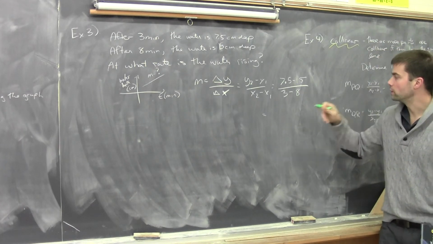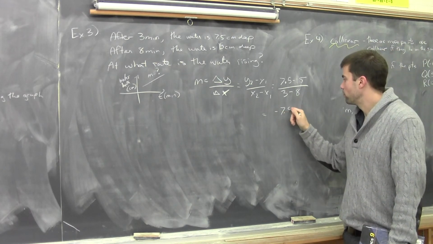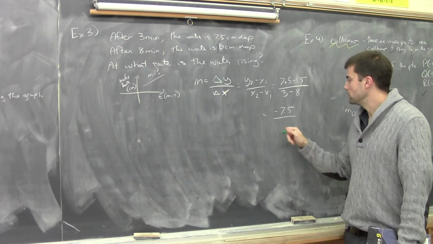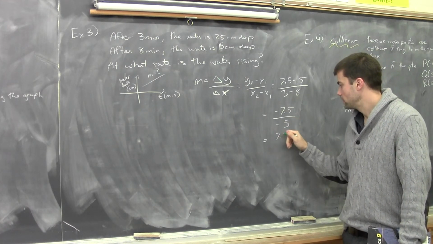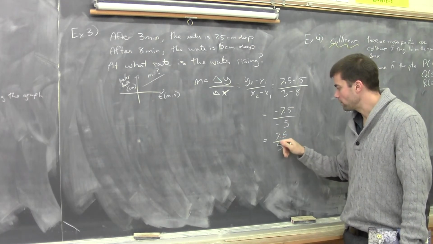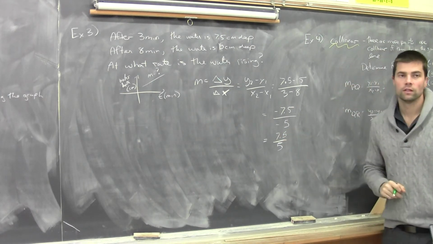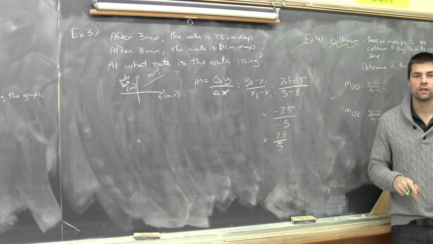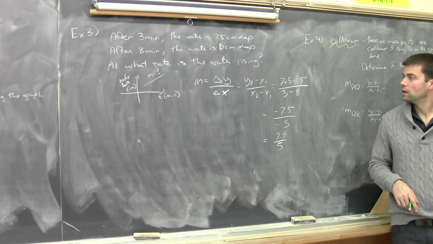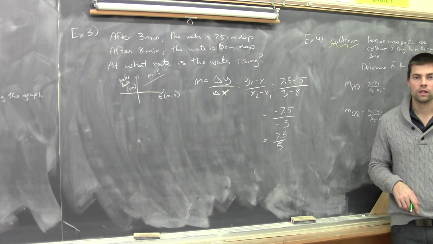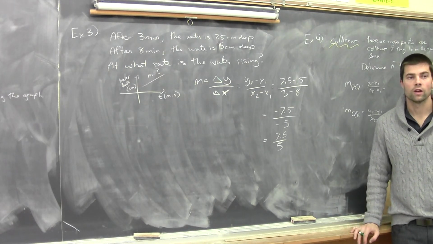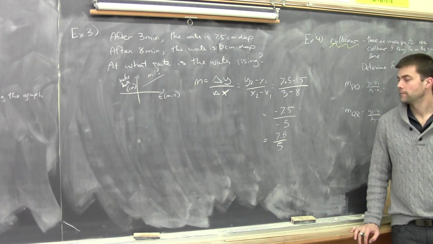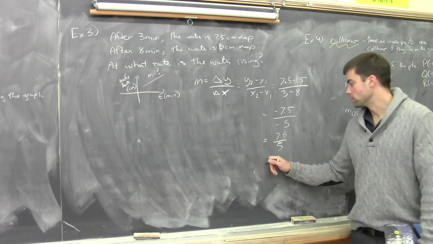So 7.5 minus 15 is negative 7.5, and 3 minus 8 is negative 5. So we're left with 7.5 over 5. We can't have a decimal in a fraction, that's improper. Can it be 75 over 50? Yeah, you could do that, it's one way.